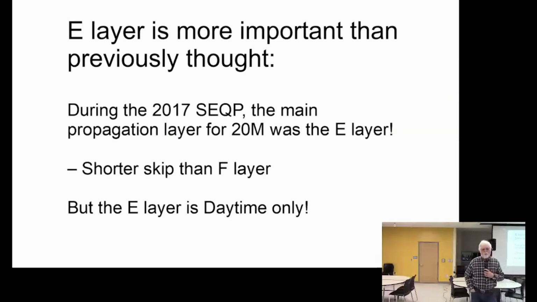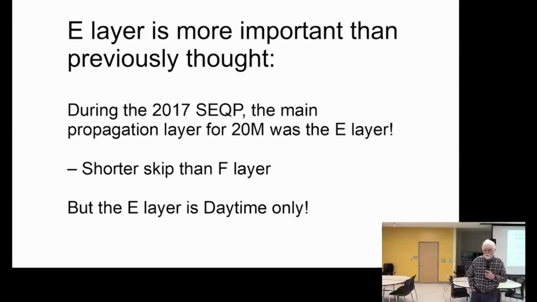Well, during the 2017 solar eclipse QSO party, in which a lot of data was collected over paths, it was discovered that the major propagation for 20 meters was the E layer. So suddenly it seems the E layer is not something that rarely causes any propagation, but it's really something you have to take into account.